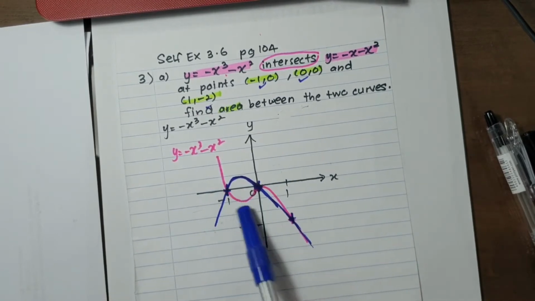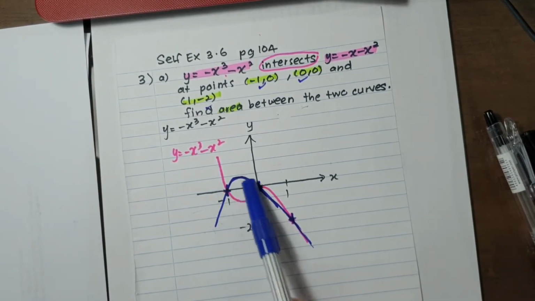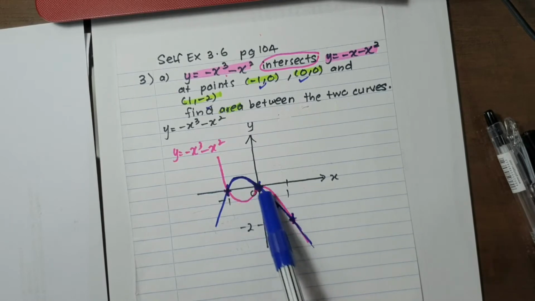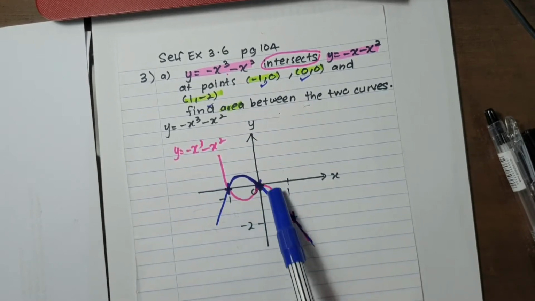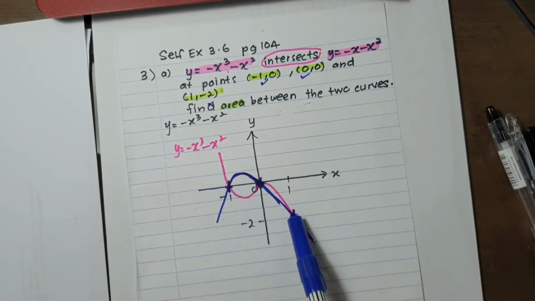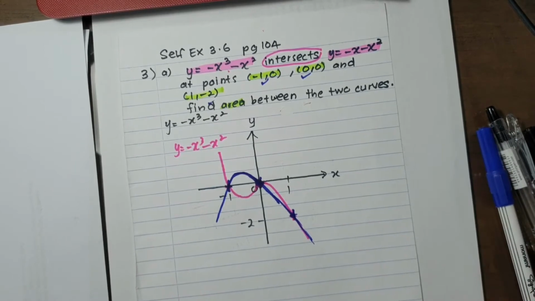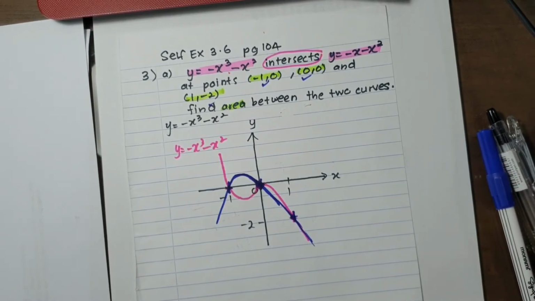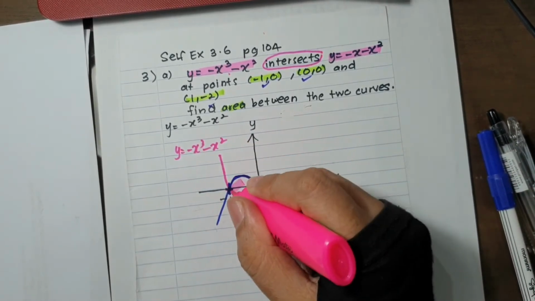Now you want to find the area between the two curves. Area between the two curves means the region bounded by the blue curve and the pink curve. Which region? This region.